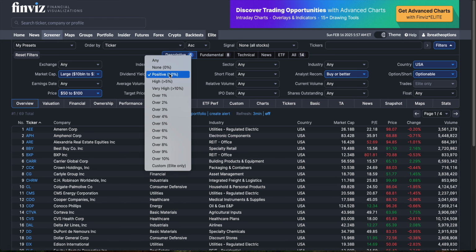What's the principle behind this? For example, if I sell puts on these stocks and the market price goes down and I get assigned, at least when I hold this stock while selling covered calls as part of the wheel strategy, I will be able to get some dividend at the same time.